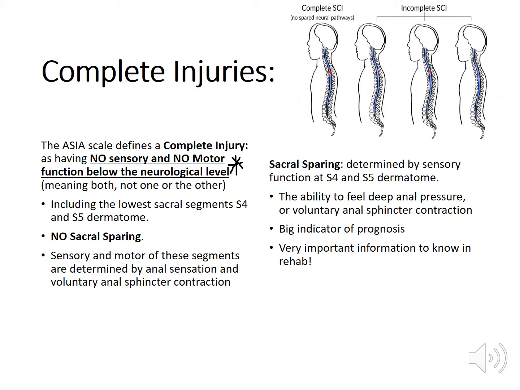That doesn't happen in a complete injury. In a complete injury, there is absolutely no sensory and no motor, as well as no sacral sparing, meaning that the patient is unable to feel deep anal pressure or voluntarily contract their anal sphincter.